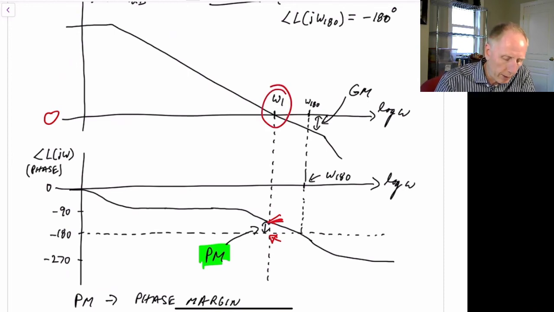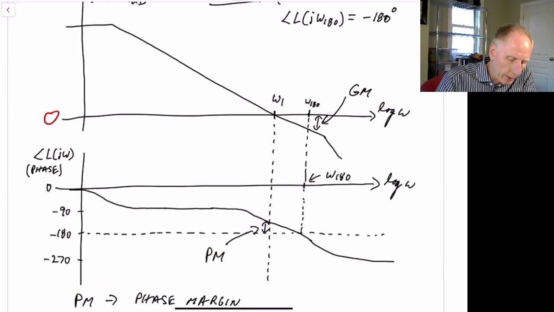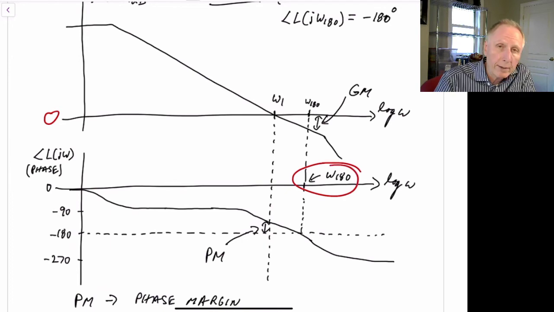That's defined to be our phase margin right here. Our gain margin is defined to be, at the frequency where the phase has gone to minus 180, what the gain difference is between the loop gain at that frequency and 0 dB. So how far below 0 dB we are. So that's our gain margin.